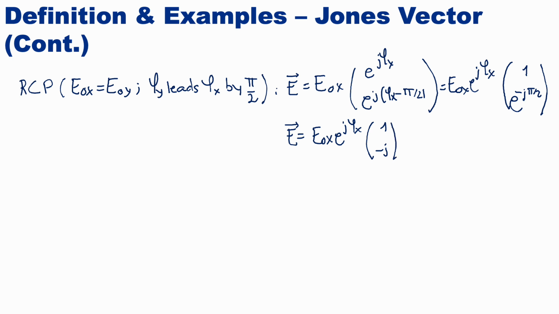And now when we normalize, our right hand circular polarized light is going to be 1 over square root of 2, times 1, minus j.